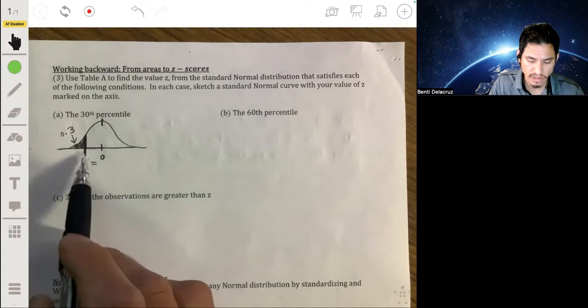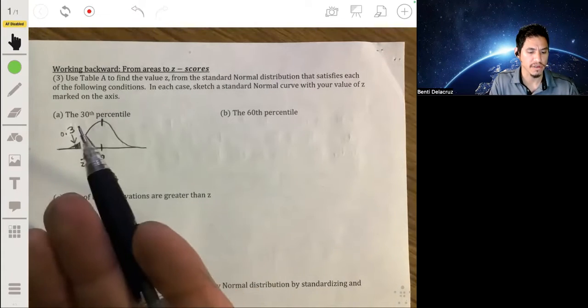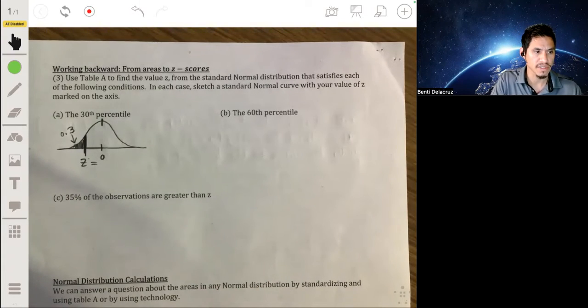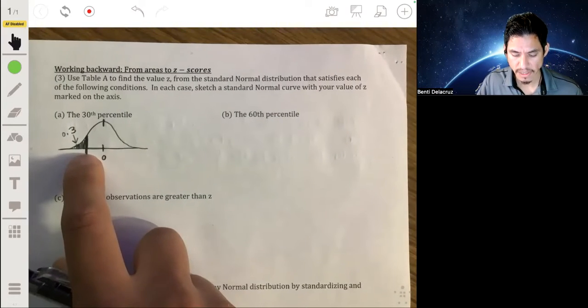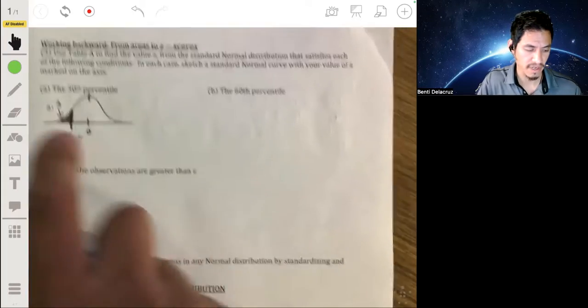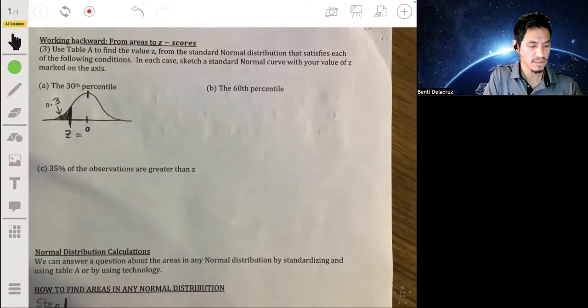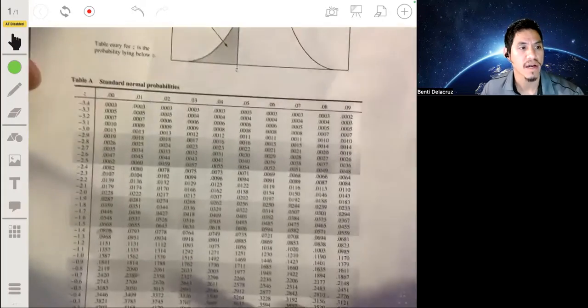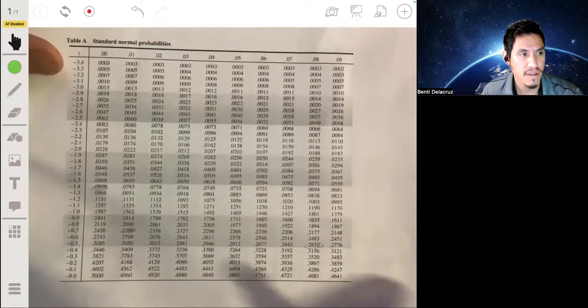So for that, you're just working backwards. Instead of going from the z-value to the area, you go from the area to the z-value. Since the z-value is going to be to the left of 0, we know our z-value is going to be negative. So let's turn to our negative side.